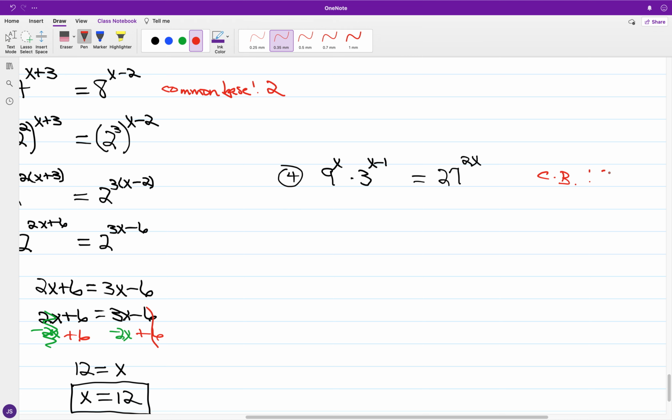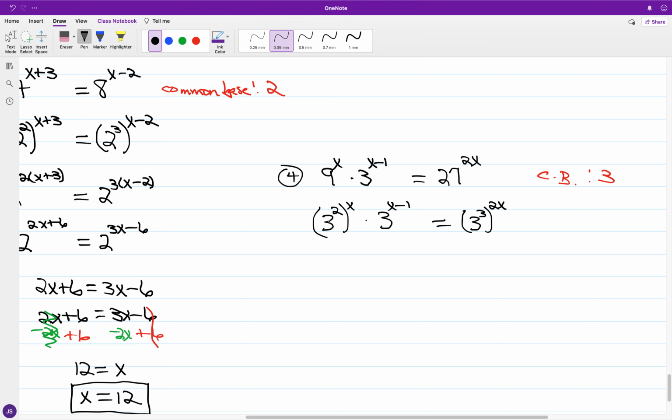Okay, so you're going to have the common base to be 3. For 9 to the x, 9 is going to be 3 squared to the x, and we already have 3 to the x minus 1 with the base 3. And for 27 to the 2x, 27 is 3 cubed raised to the 2x.